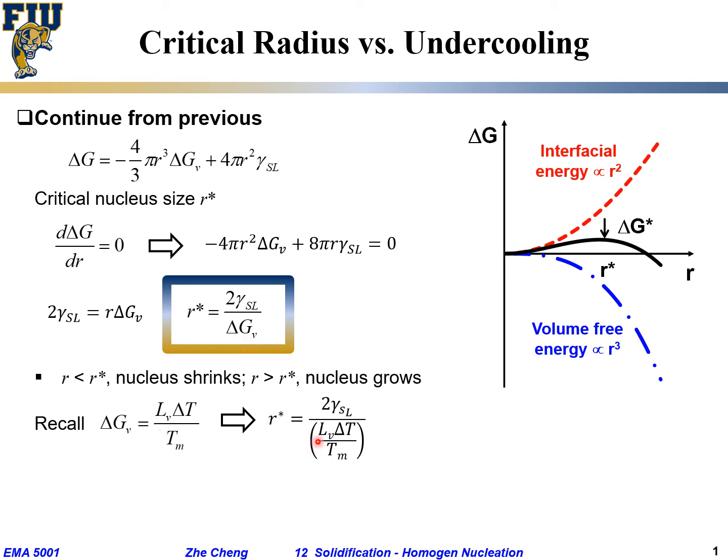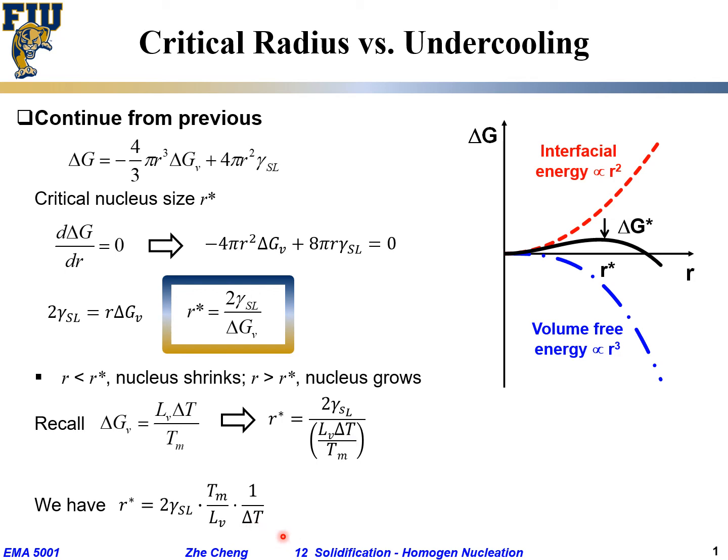What is delta GV? LV delta T divided by Tm. As a result, what would happen in terms of r star? We would have the critical nucleus radius be 2 gamma. LV we keep in the denominator. Tm we put in the numerator, and then delta T we keep here.